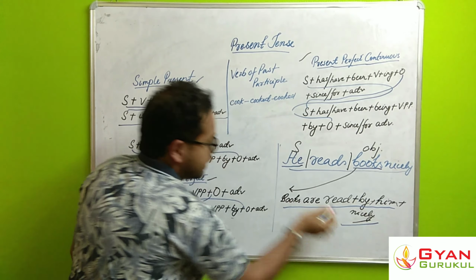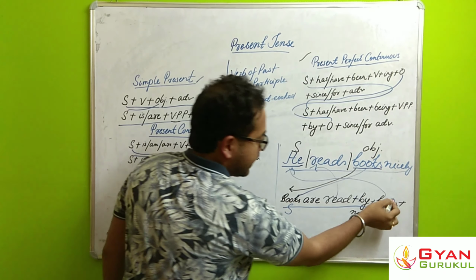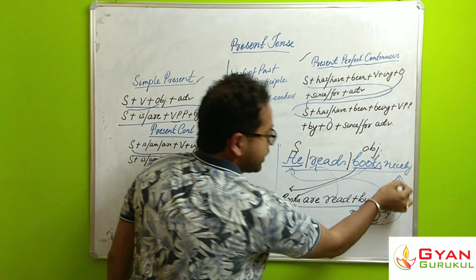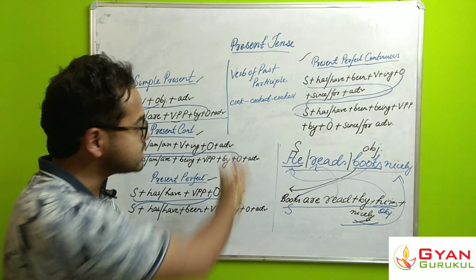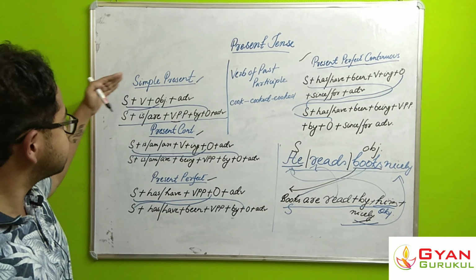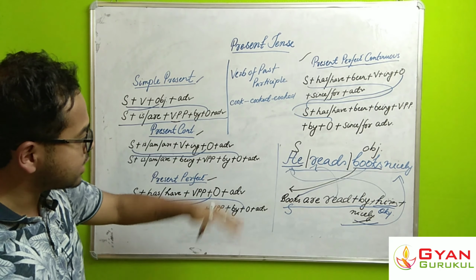Because the subject is third person singular, so obviously the verb will take the s form. So books are read by him converts into he reads. Of course, subject becomes object again, books, and nicely will follow. And when you are talking about active voice, there is no by. So this is how you can change the sentence from simple present active to passive, as well as from simple present passive to active. So I guess this part is clear to you.